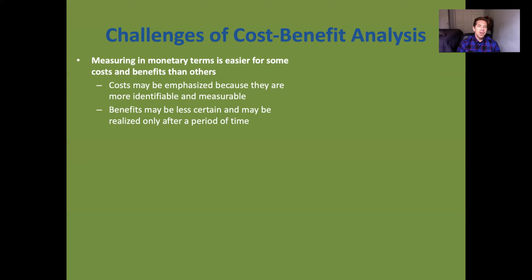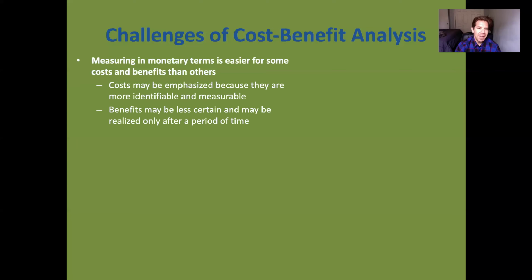And so not only do you run into challenges of estimating things that don't have market value, but when you first implement a policy, some things can take a long time to see actual benefits, right? Maybe even just 5 years is relatively short, but in terms of public policy can be a long period of time. And so, if we talk about addressing the issue of climate change, which requires significantly reducing emissions, if we reduced emissions immediately, you would see some relatively short-term economic impacts that are quantifiable, right?